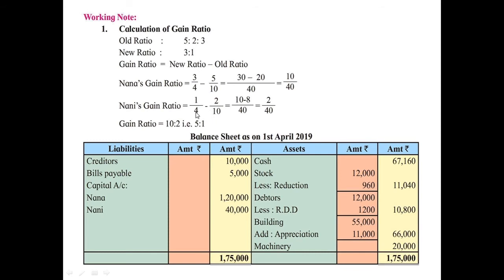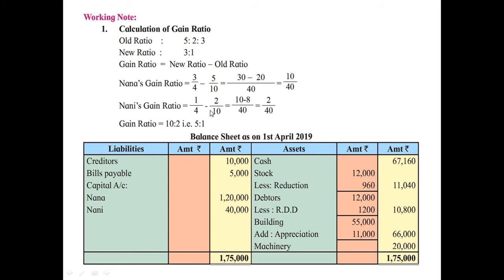So this 4 we have to multiply by 10 and this 1 also we have to multiply by 10. So 1 into 10 is 10 and 4 into 10 is 40. Now here 10 is given, so to get 40 we have to multiply 10 by 4. So 10 into 4 is 40 and 2 into 4 is 8. So 10 minus 8 is equal to 2 upon 40 is the gain ratio for Nani.